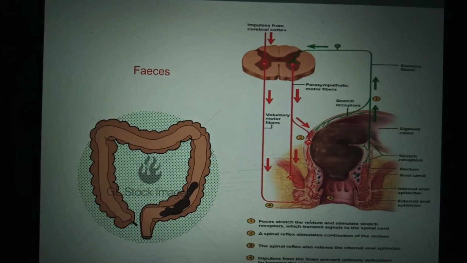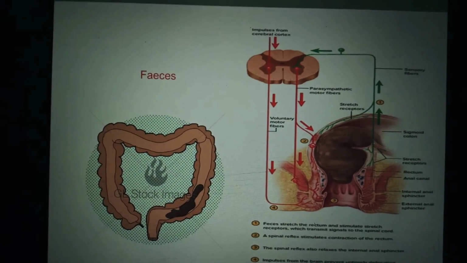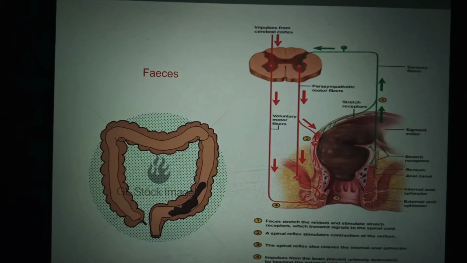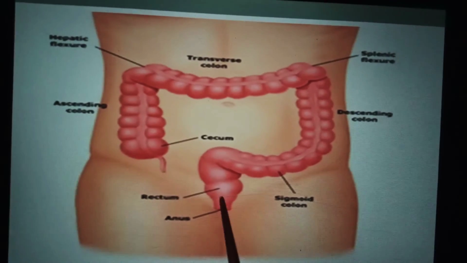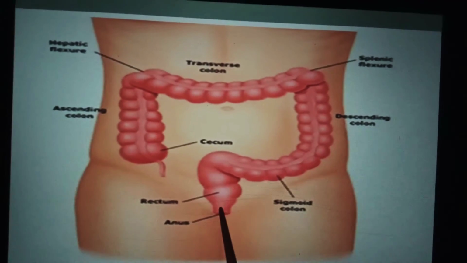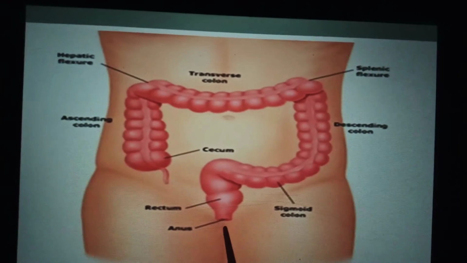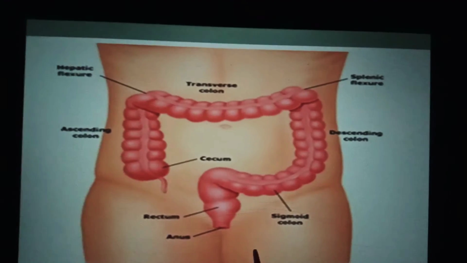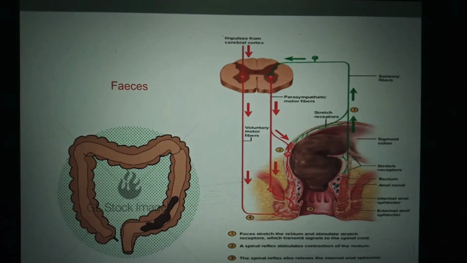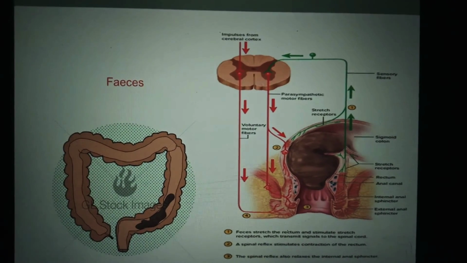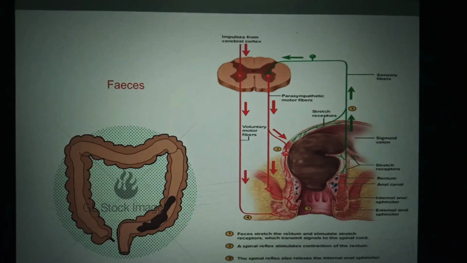The feces are temporarily stored in the rectum, which opens out through the anus. So feces will be stored here and will be removed from the body through the anus. Under normal conditions, when the rectum is filled up with feces, it gives rise to a reflex and the anus is opened for defecation.